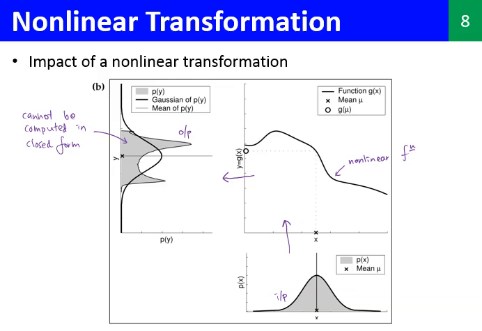But we can do something interesting. That is, if we can find the mean and the covariance of the original distribution, then we can have a Gaussian distribution with the same parameters. That is the same mean and same covariance. So that's what we have here in this dark line Gaussian distribution.